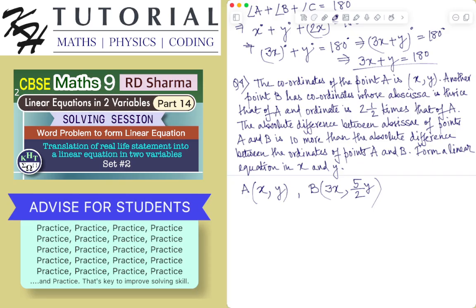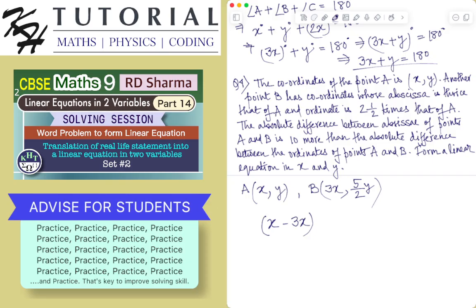It is the abscissa of A minus abscissa of B. What is abscissa of A? It is x. What is abscissa of B? 3x. So the difference is 3x. So this is the difference of the abscissa of A and the abscissa of B.